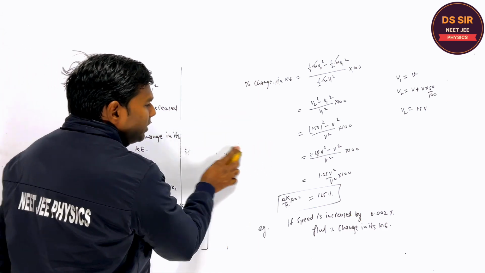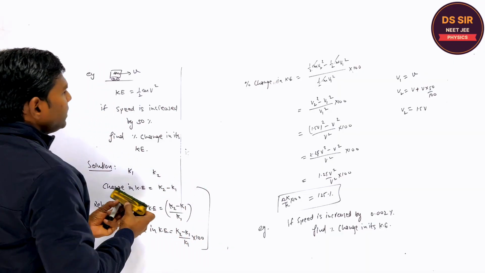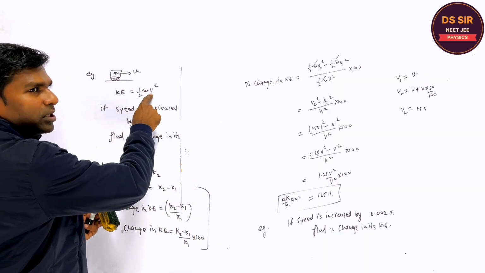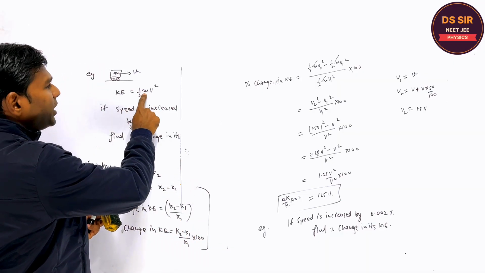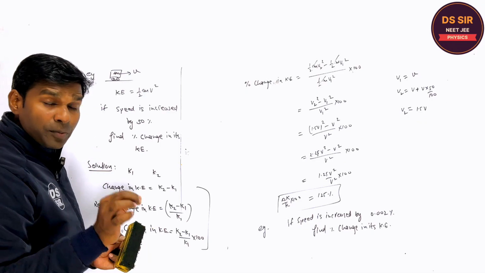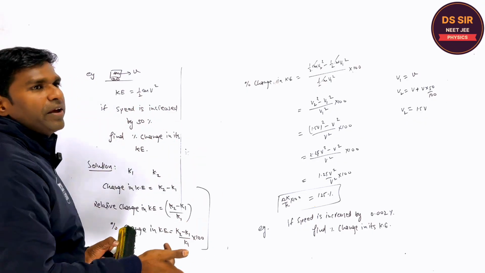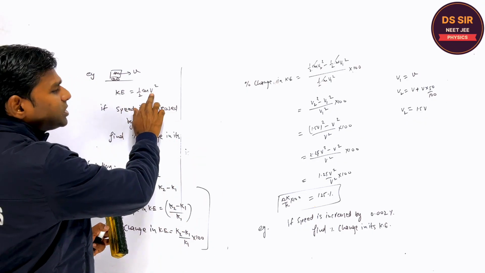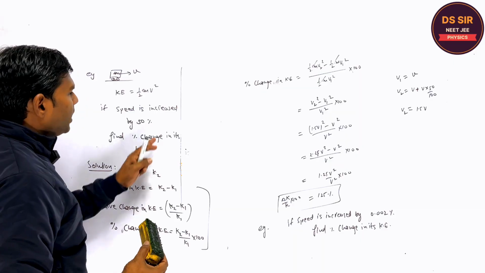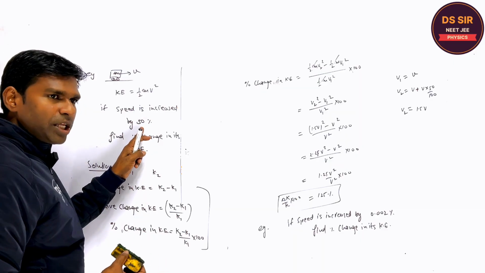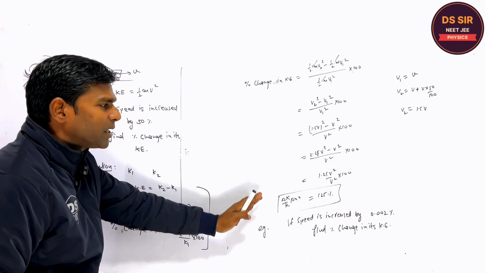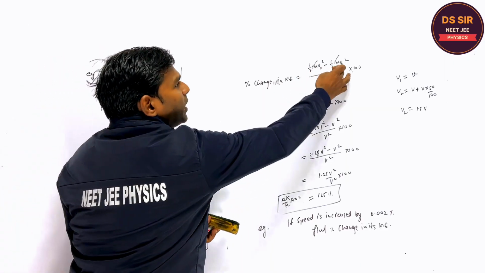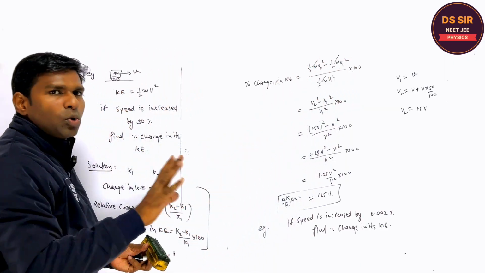But kinetic energy depends upon the speed v. Although here the mass is constant, the mass may also vary, but now only the speed is varying. If it is a very big change, then we use this conventional method, K2 minus K1 upon K1 into 100.